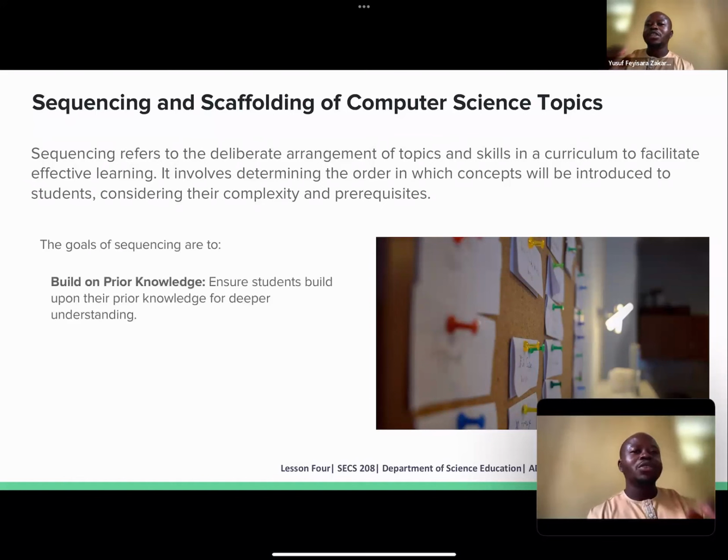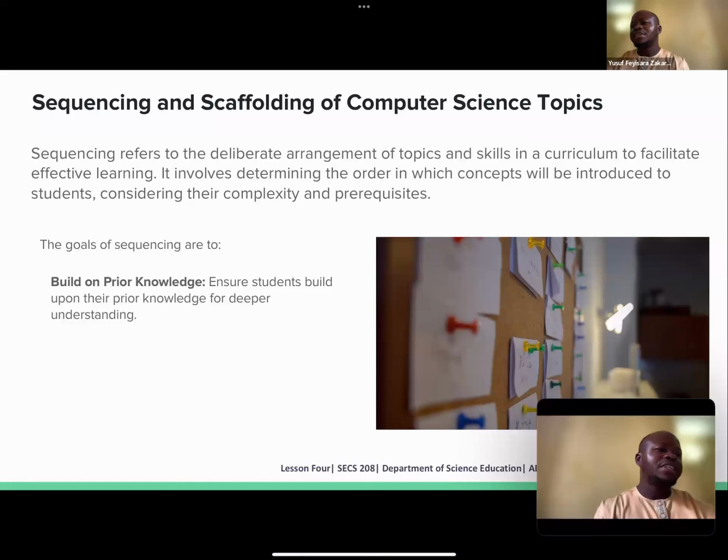So the goal of sequencing, the essence of doing this sequencing, is one, to build on prior knowledge. You can say to everybody, this is the mouse, this is the keyboard, this is this, this is that. They know it. By the time you're not teaching them how to use it, they can now recall, okay, it's like this, we've seen it before. So they can build on their prior knowledge.